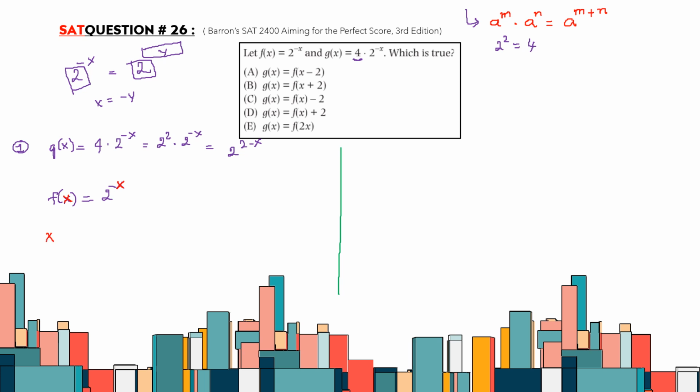So we have to find the red x that will be equal to something, so that when you plug in here and here, this becomes g of x.